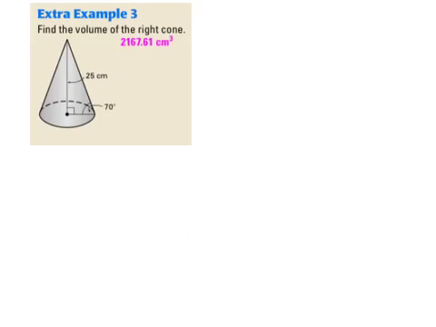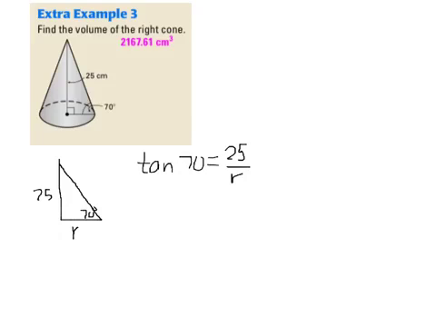Okay, let's do one more like that. I found another example. So I'm going to pull out this right triangle. I need to know what r is. This angle is 70 degrees and the height is 25. So tan 70 is opposite over adjacent. Solve for r. I get 25 divided by tan 70. r is 9.1.